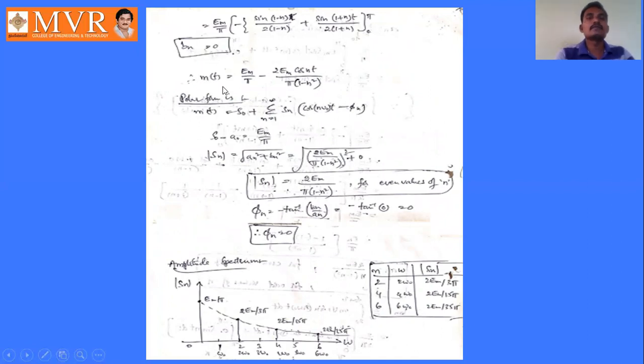So m of t becomes a naught plus sigma n equal to 1 to infinity an cos n omega naught t. So this one, its polar form is like this. So S naught is Em by pi and Sn is square root of 2Em by pi into 1 minus n square, whole square. Since Bn is 0, we get Bn value 0 here.